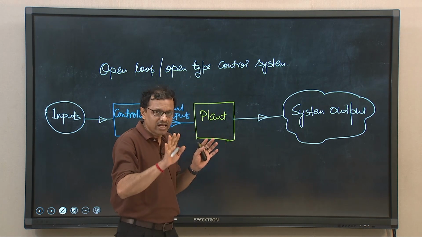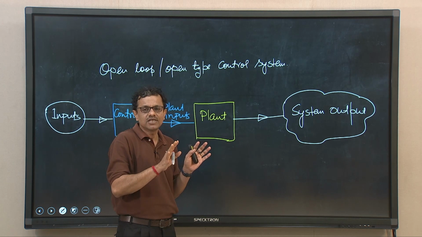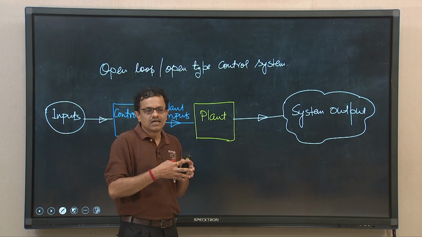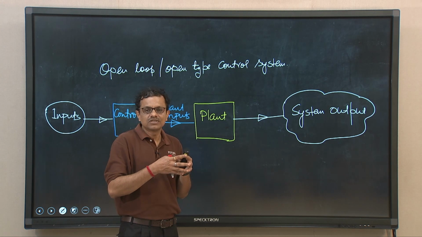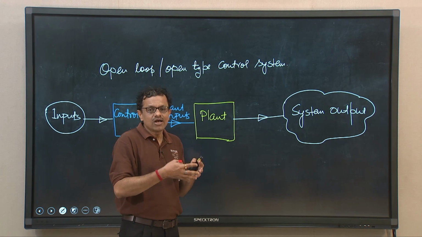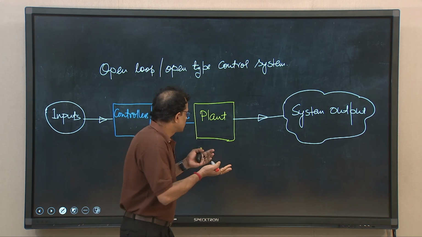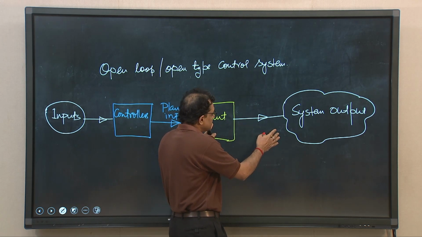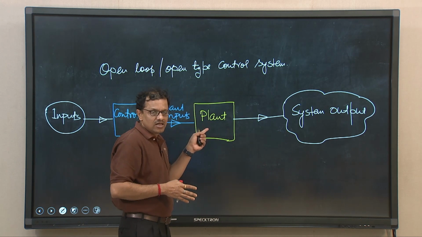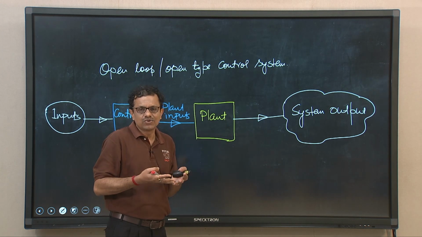I will try to explain this taking an example. Since there is no provision of receiving feedback, the system is unable to react to changes in its environment, as there is no way of knowing what the plant is actually doing, right.